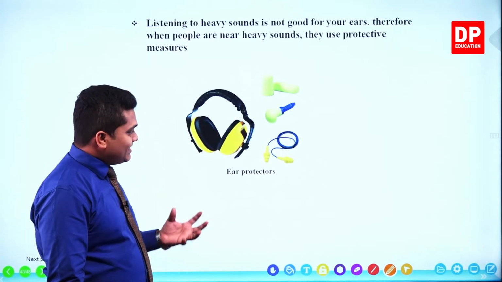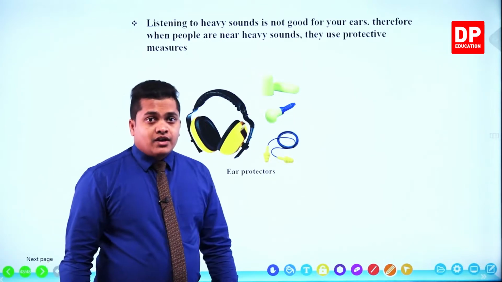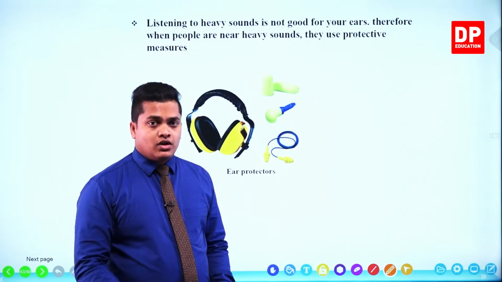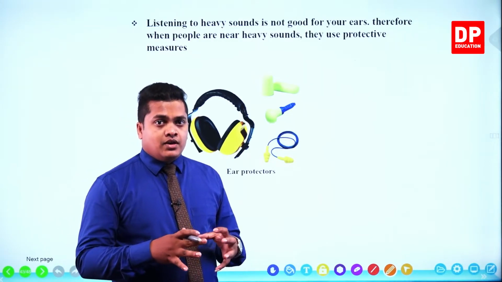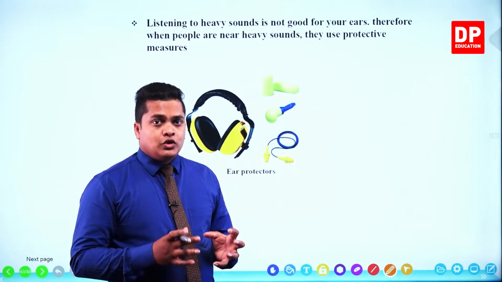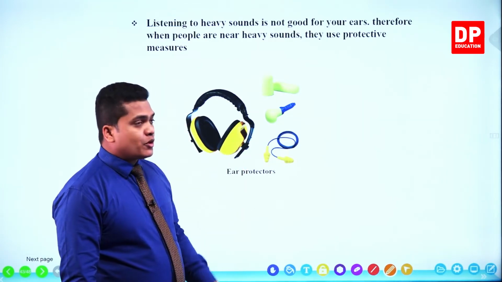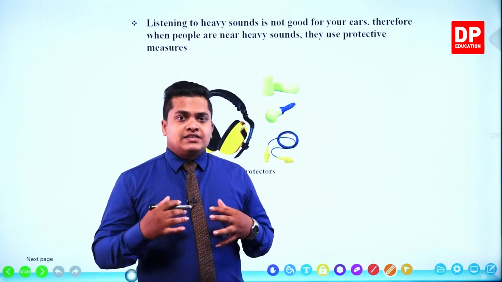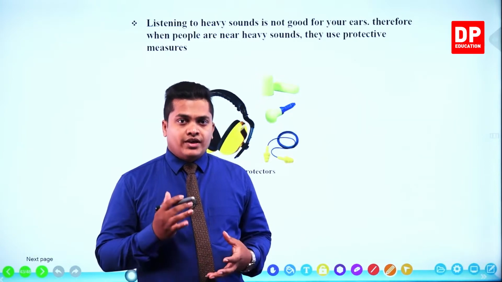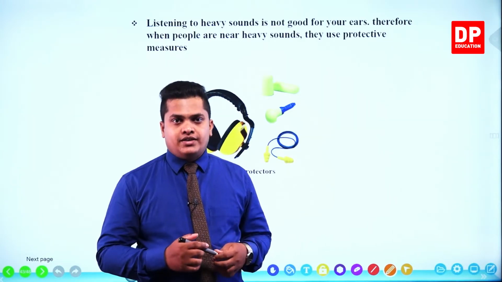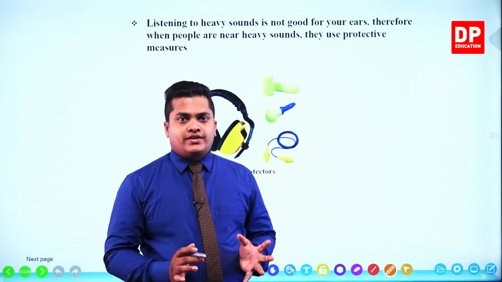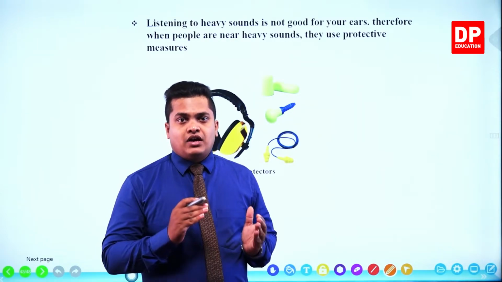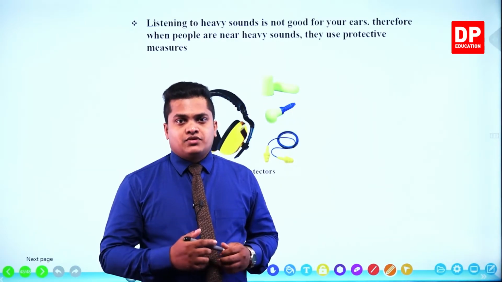I think you have seen these in your environment when visiting a factory, or when you see a worker or a machine operator. Those people use these ear protectors to protect their ears, because the sound emitted by machines would damage their ears. So ear protectors are used to protect our ears in situations where we need to listen to heavy sounds.